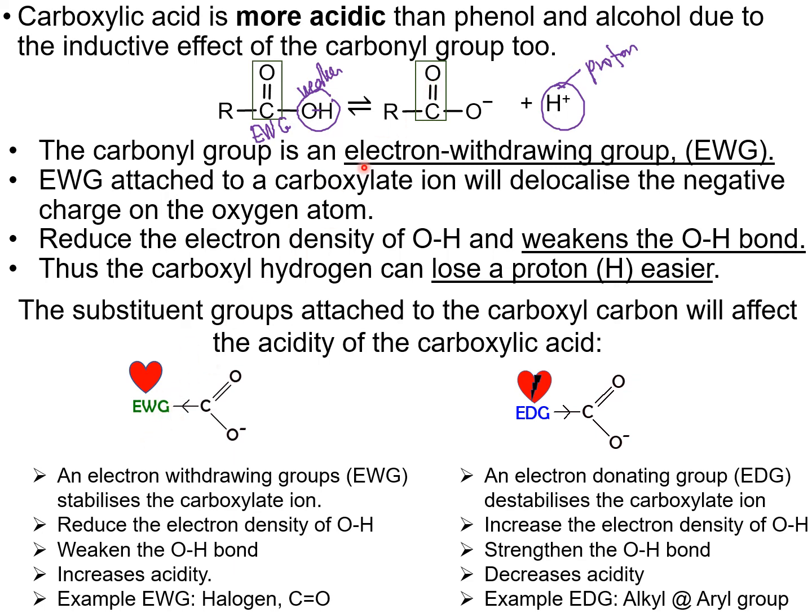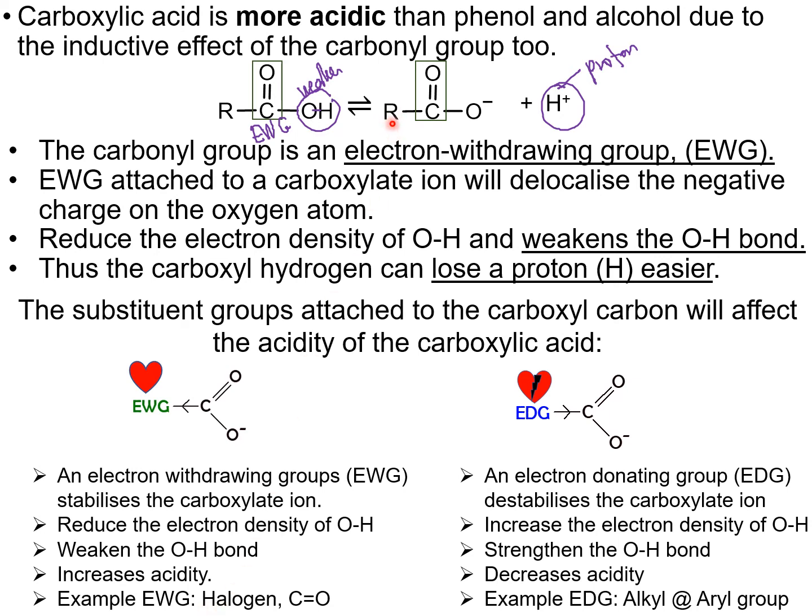Okay, dia lagi suka. Kalau let's say kita gantikan dengan electron donating group, dia tak suka. Okay, electron withdrawing group dia akan stabilizekan the carboxylate ion. Contohnya kalau let's say dia dah jadi C double bond O minus, lepas tu kalau dia melekat dengan electron withdrawing group, it will be much better.